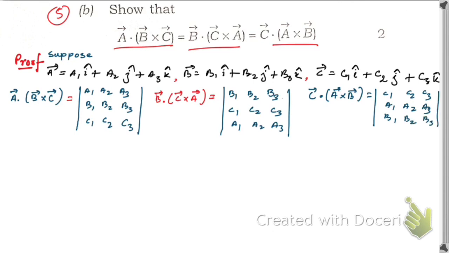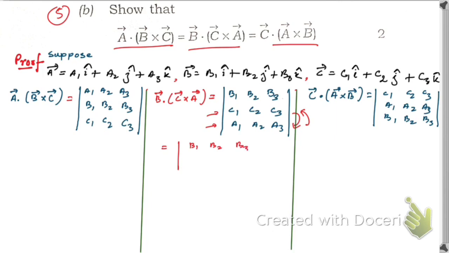Now what you're gonna do, just see, interchange these 2 rows, second and third row, right? So if you interchange these 2 rows, then you will get this, and here you will get a minus sign. So what we have done, row 2 and 3 are exchanged.